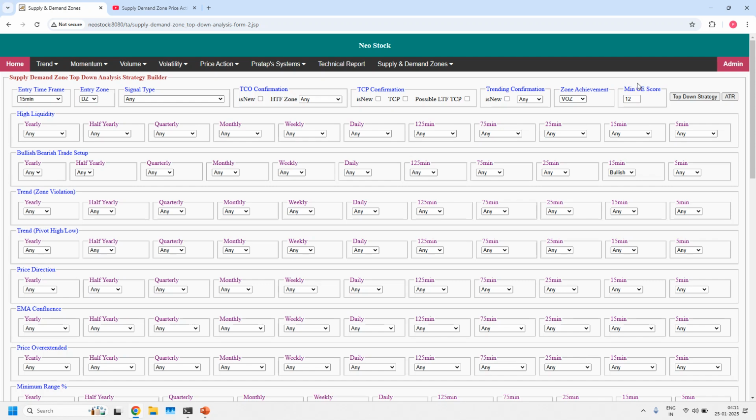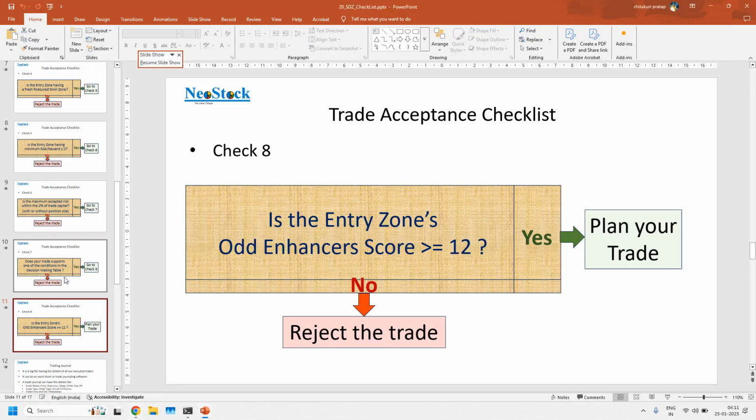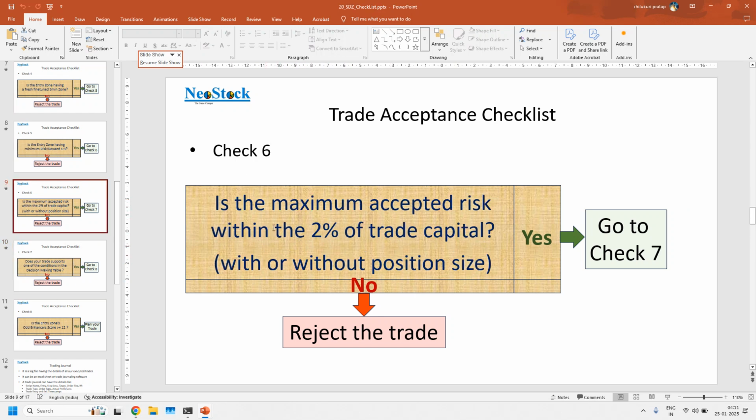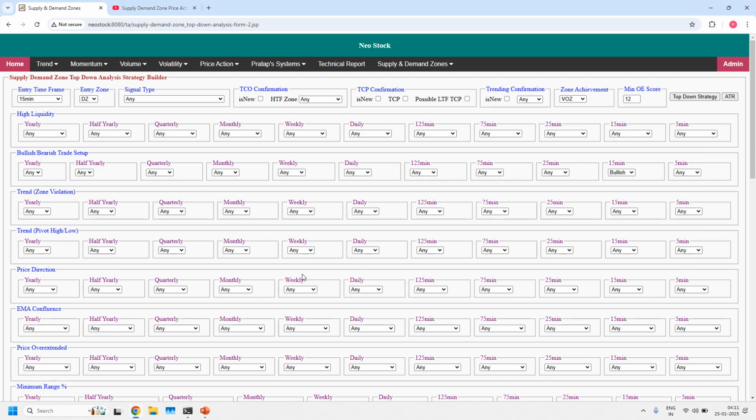Second thing is a fine-tuned 5-minute zone should be there. And the third one, what is the third one? Even I forgot, sorry. The third one is the 2% risk. This is checklist item 6. Your risk should not exceed 2%. Those things you will take care of while drawing the zones.